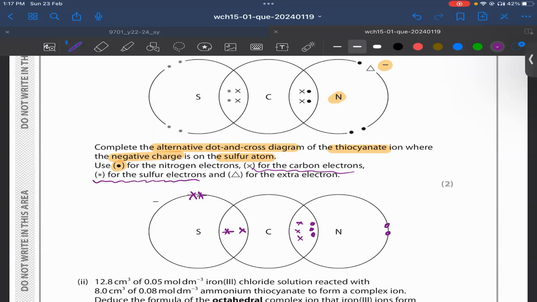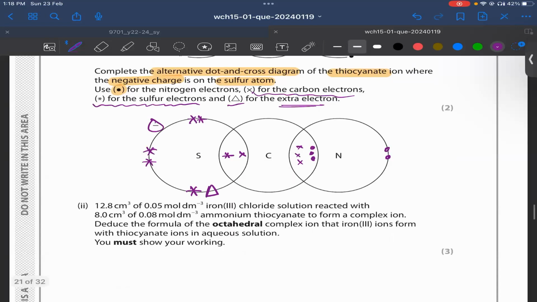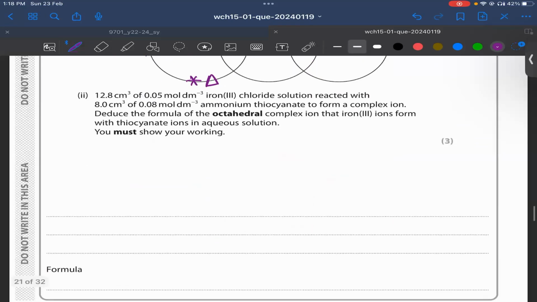So 1, 2, 3, 4, 5, and last 6. So these are the electrons of sulfur, and a triangle for the extra electron. To complete the octet of sulfur, the extra electron would be on sulfur. So this would be the dot and cross diagram. This is the alternative diagram where sulfur has the negative charge. Is it clear? All right, sir. Yes. Okay.